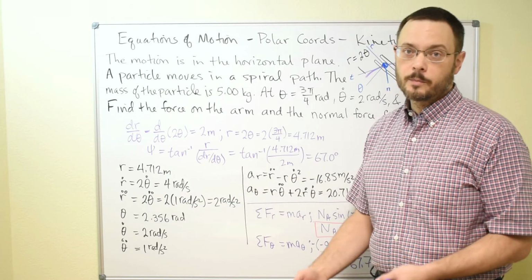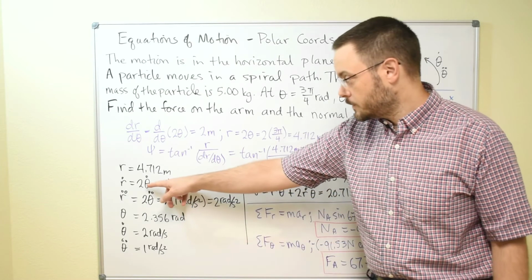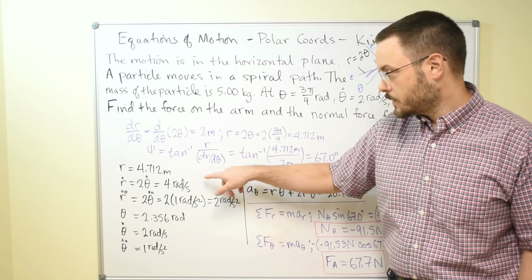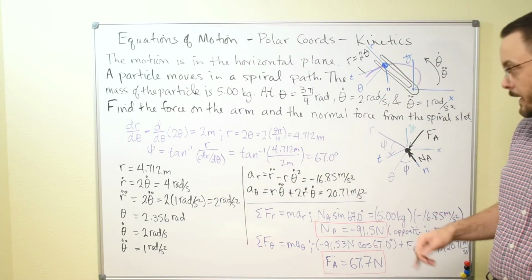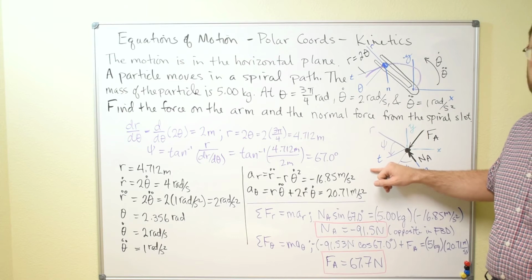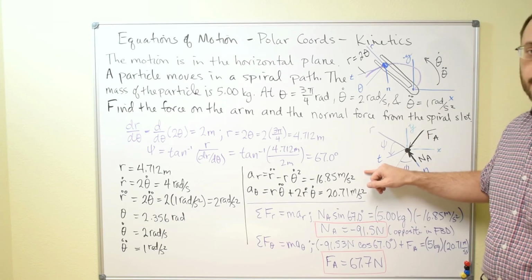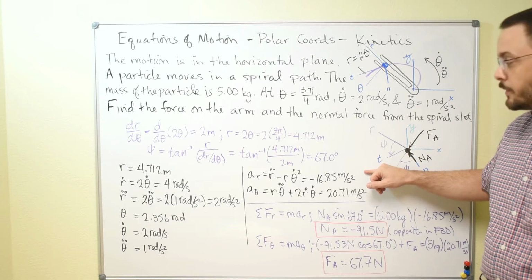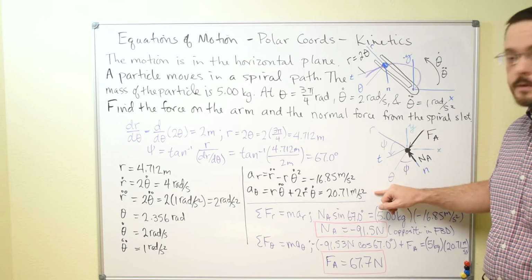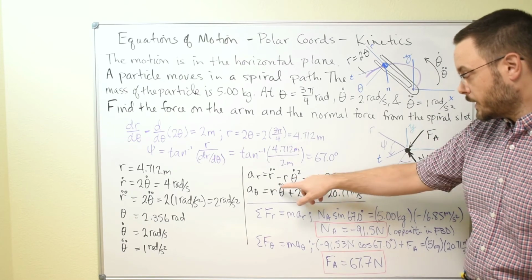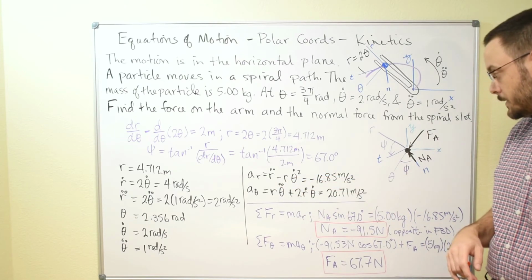And then r double dot would be the second derivative, so it'd be 2 theta double dot. And then we plug in these values and we get those values there. The next step, again, just in the same way that you did with the kinematics problems, is you can calculate your radial component of your acceleration and the transverse component of your acceleration from the formulas in the text.